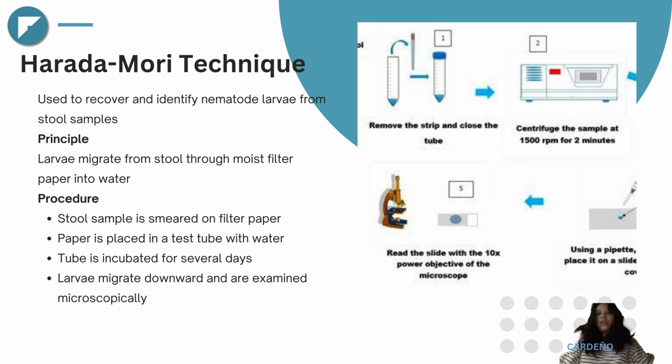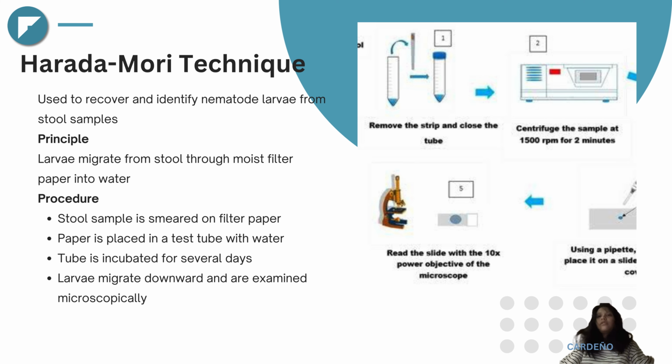The Harada-Mori technique is a classical parasitological method used to recover and identify nematode larvae from stool samples. Its principle is based on the natural migration of larvae. They move from the stool through moist filter paper into water.